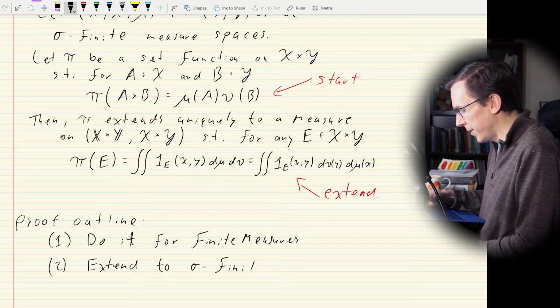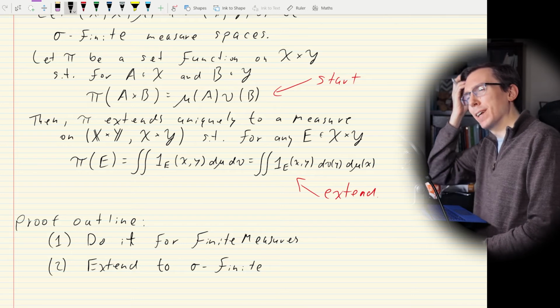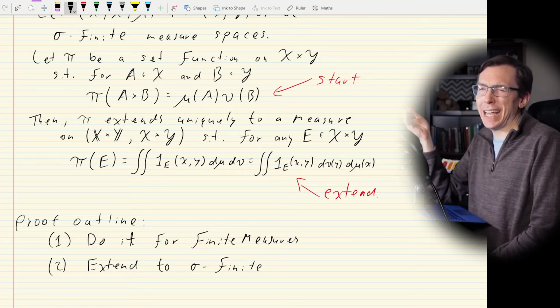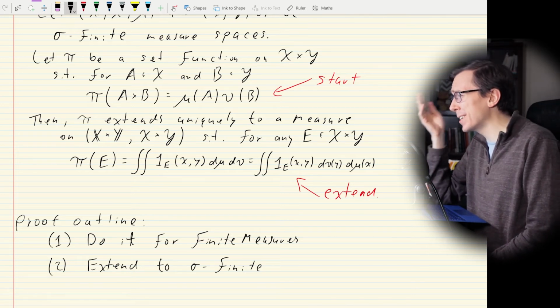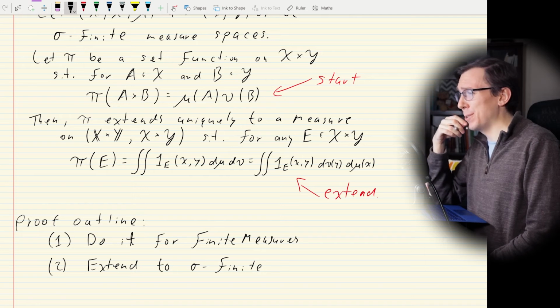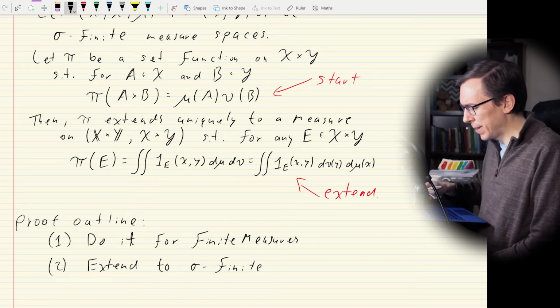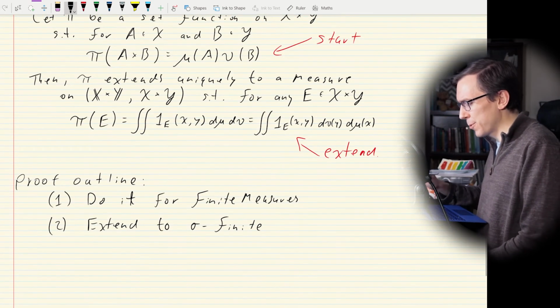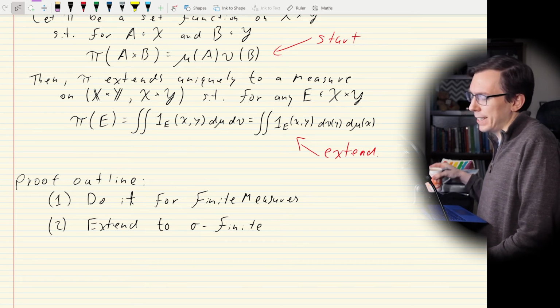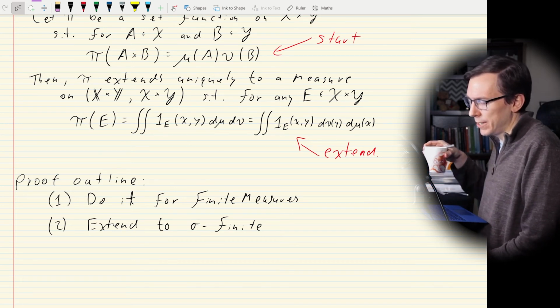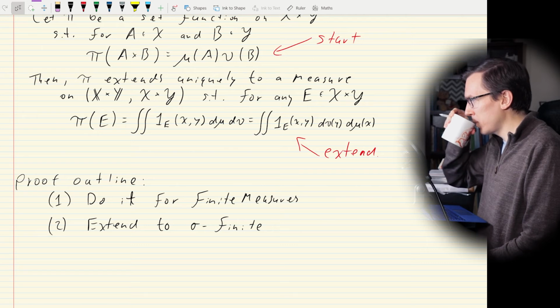And as I mentioned, there are counterexamples out there. I don't remember one off the top of my head. It probably involves counting measure because it always involves counting measure. But there are counterexamples to show that you can't extend to general measures. The extension won't necessarily be unique, so you run into some trouble.